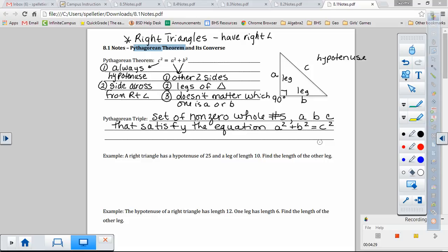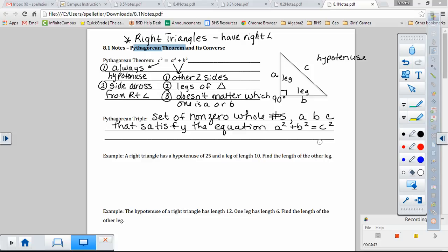Okay? So what I'm saying to you is, if I give you a value for a, b, and c, and you plug it into the equation in the appropriate places, you square them, and they equal each other, then you know that you have a right triangle and a Pythagorean triple.